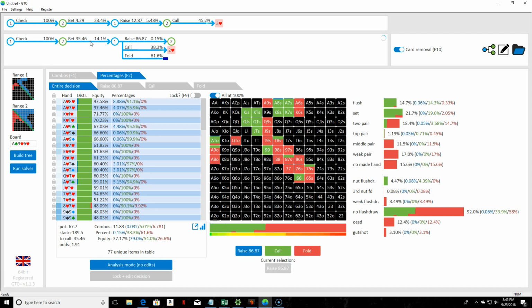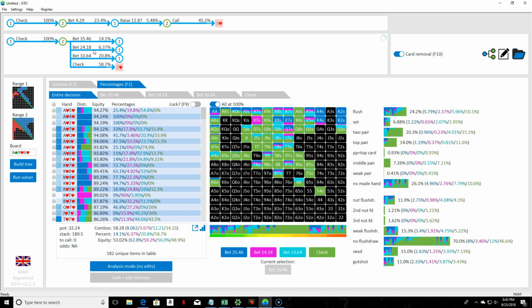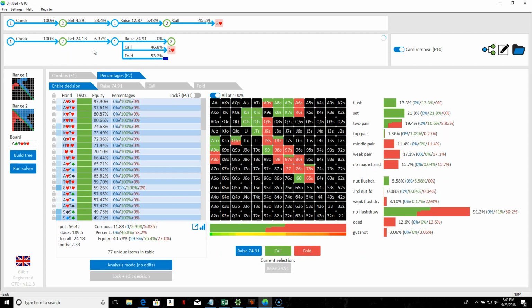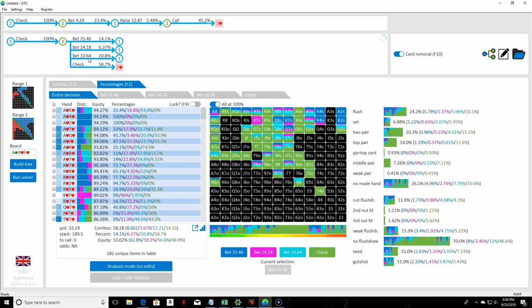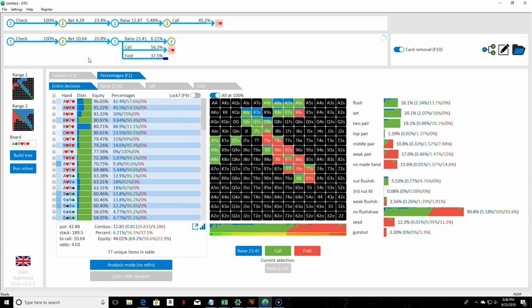Just curious. Okay, let's say we didn't overbet, and we just threw out a 2/3 pot size bet, which by the way doesn't include ace 4. Then they're calling 46% and they're folding 53%. And on the other hand, if we are underbetting here, they're actually raising more. They're calling more and they're folding less.